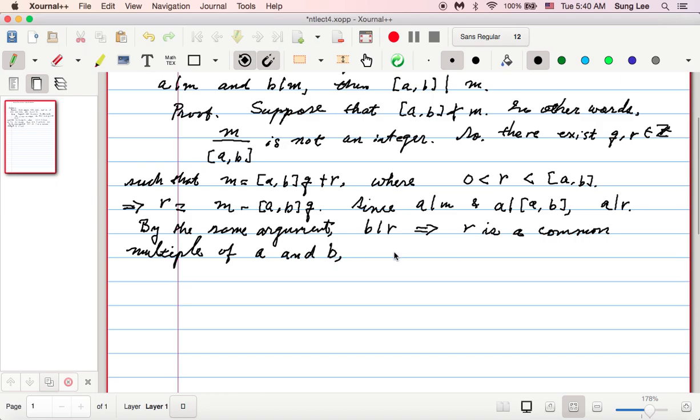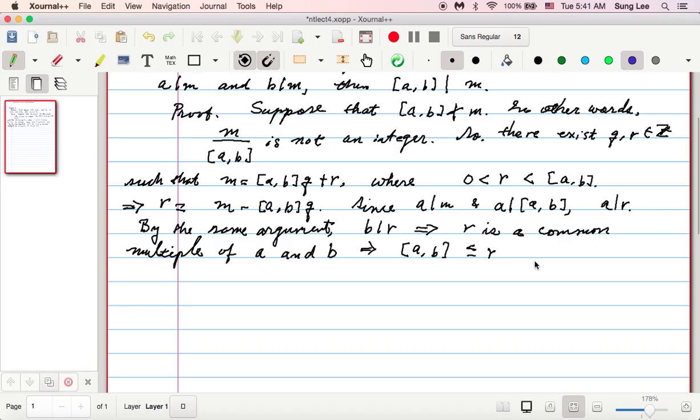So the least common multiple of a and b must be less than or equal to r. This is a contradiction.